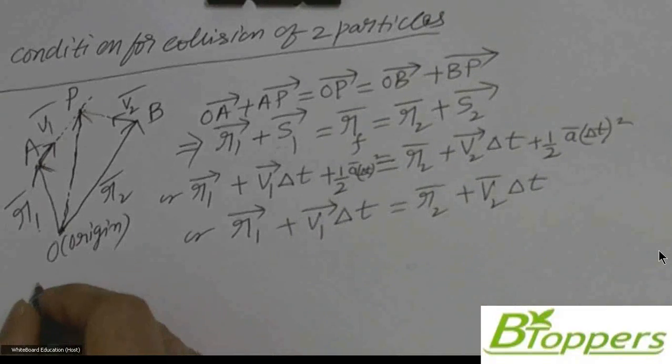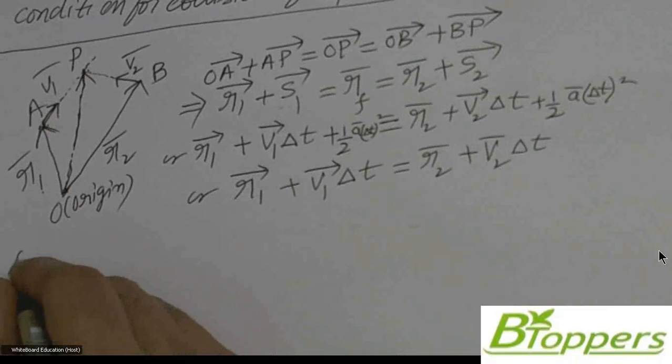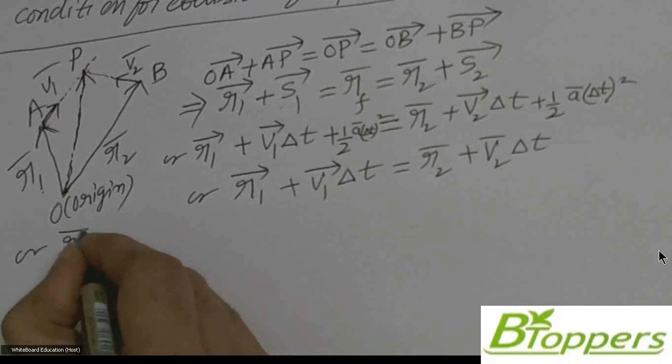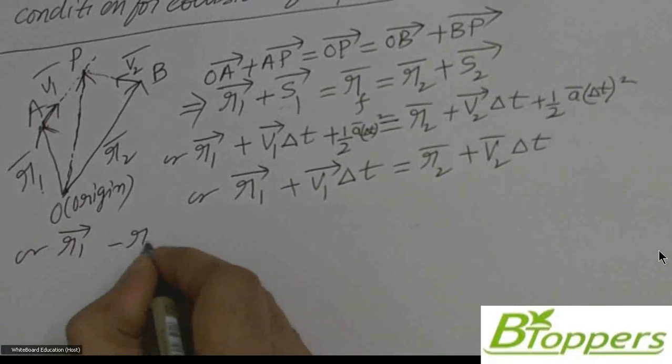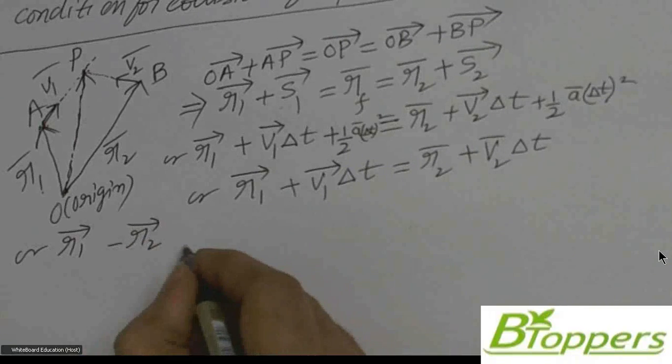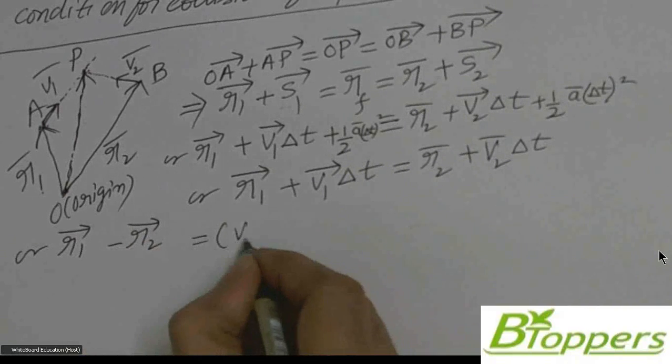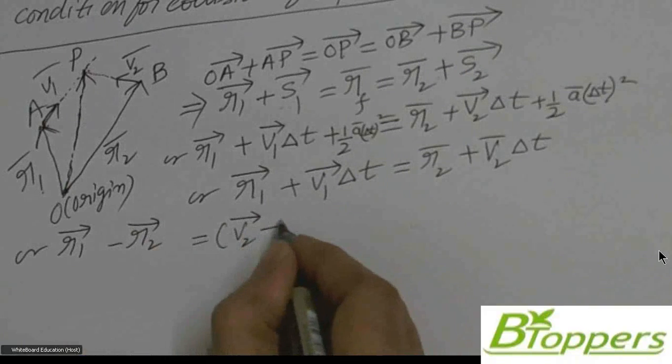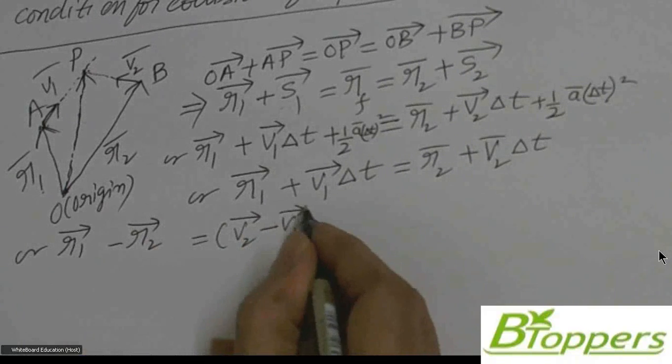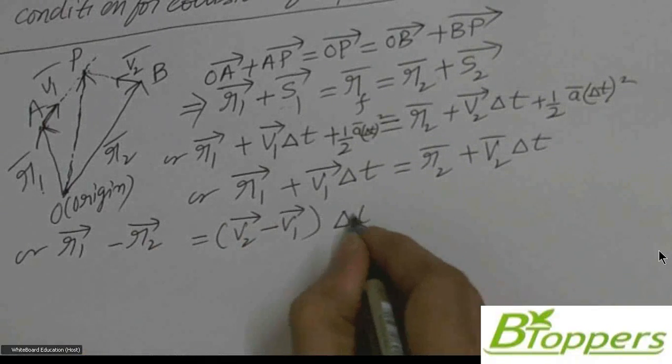So from this equation you can write R1 bar minus R2 bar equal to V2 bar minus V1 bar into delta t.